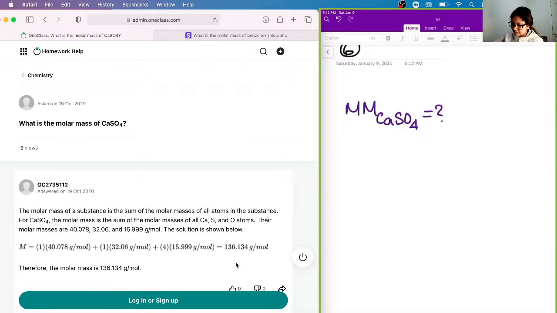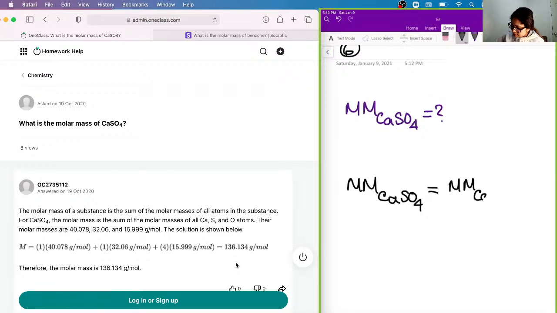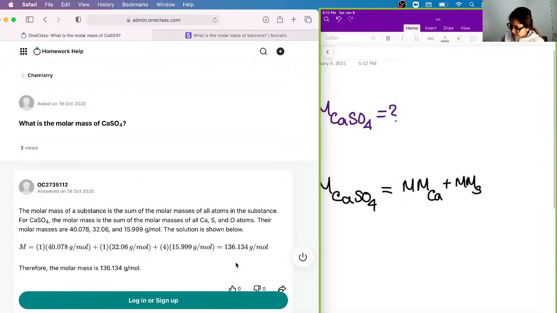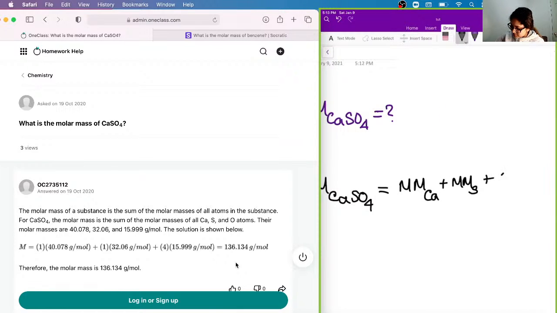You can see in this case we have 3 kinds of atoms. So the molar mass of calcium sulfate breaks down into the molar mass of calcium plus the molar mass of sulfur and the molar mass of the four oxygens.